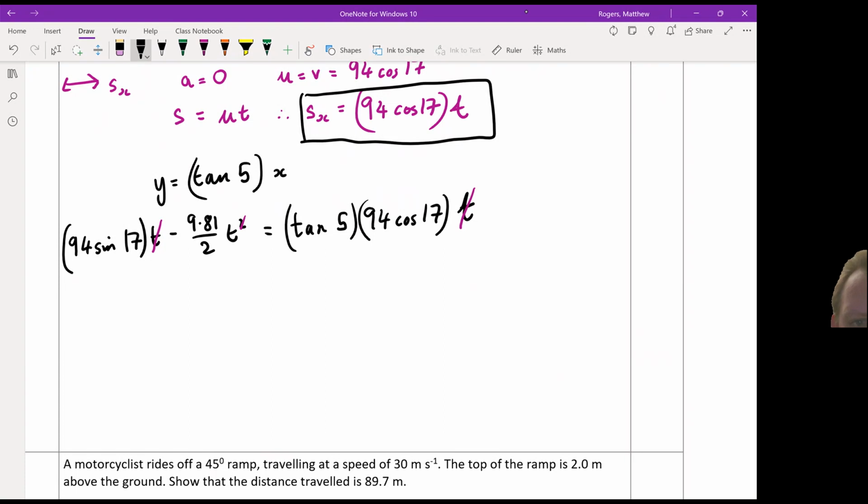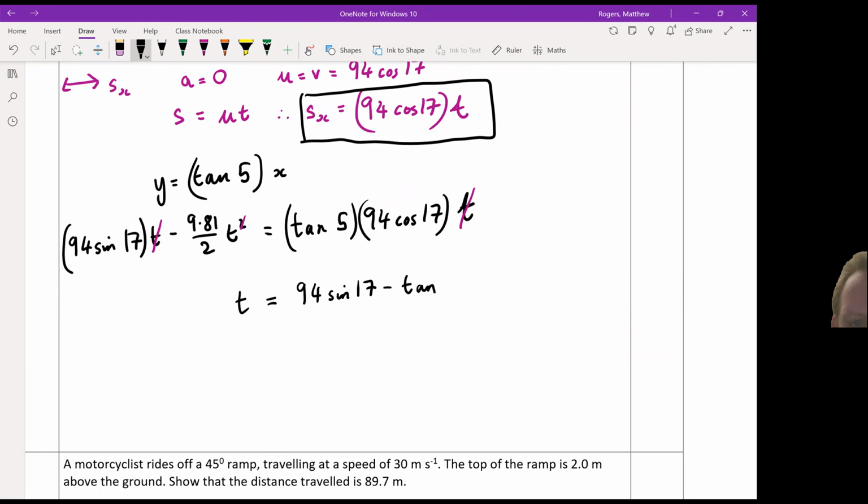We're going to bring the t onto this side and bring everything else onto the other side, but then swap everything back over. So my terms, that's going to stay on this side. So 94 sine 17. This term's going to become negative when I move it onto the other side.